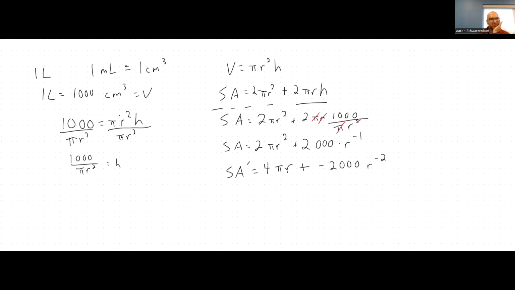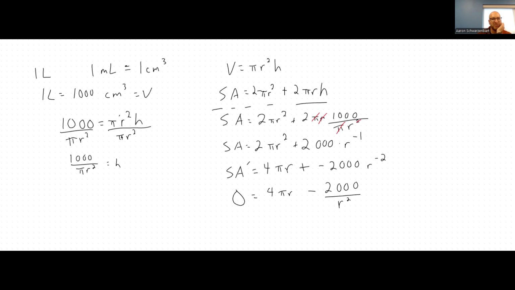Okay. To minimize, I set it equal to 0. To make solving this easier, I'm going to move the r to the negative second to the bottom. So right now I have this r squared in the denominator.